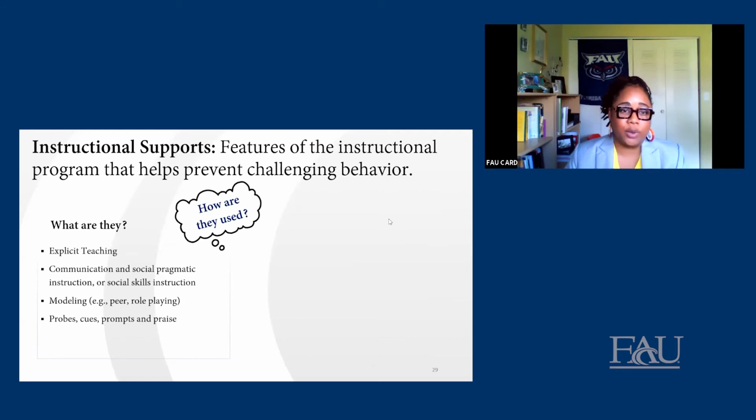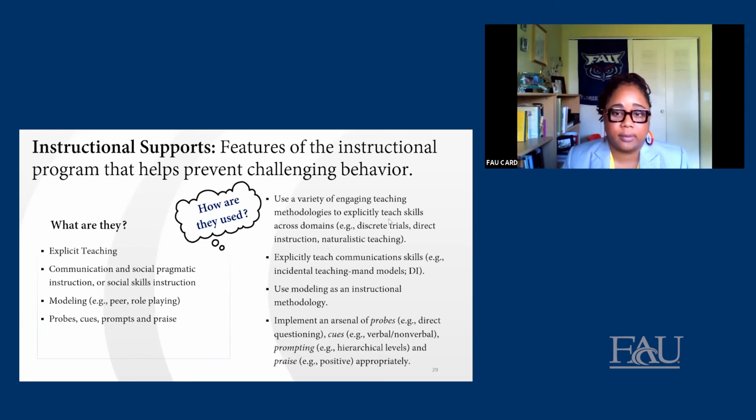So how might we use these types of instructional supports? Well, we use them by engaging in a variety of teaching methodologies to explicitly teach skills across domains. We quite understand well that we need to teach academic skills. We have to also understand that we need to teach social skills and appropriate behaviors and communication skills that replace challenging behaviors.